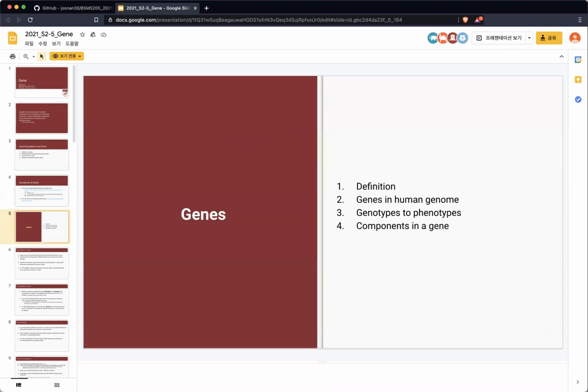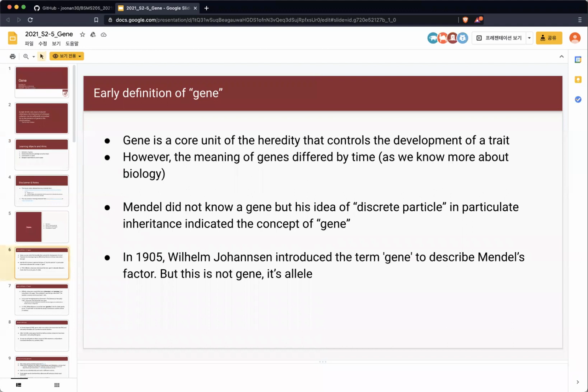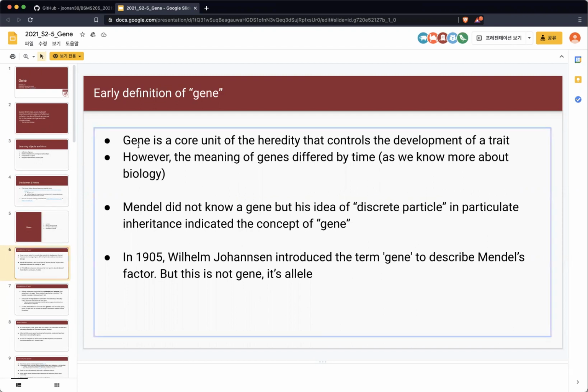Okay, so the first topic. The first thing we need to discuss is how the concept of gene was defined in early times. As we discussed in the previous session, gene is a core unit of heredity that controls the development of a trait. And this sentence obviously mixes up gene and allele, if you want to go into detail about the Mendelian factors.